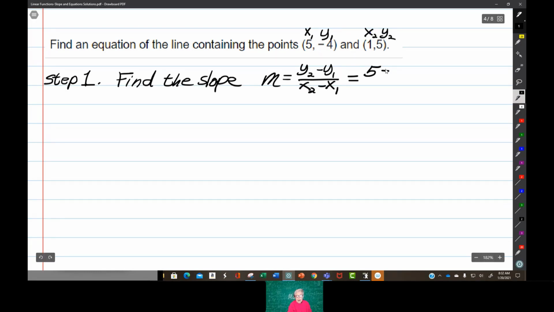So my slope is going to be, now watch this carefully, y2 minus y1. y1 is -4. You have to go slowly or you can make a terrible mistake there. Now, 1 minus 5.